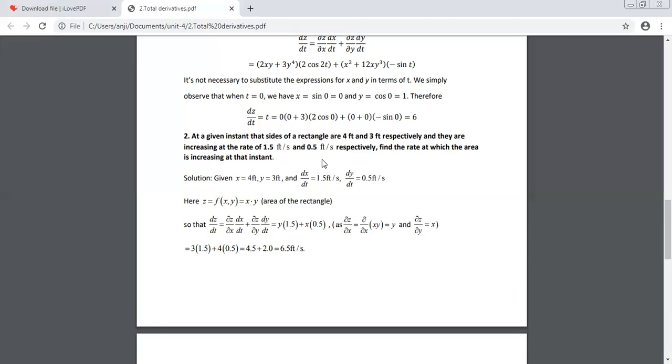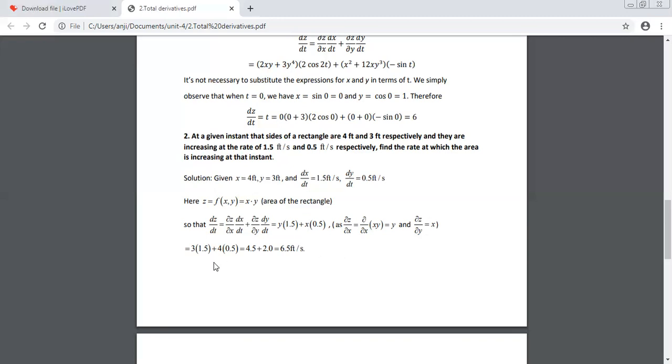Now we have to find the rate, that is dz/dt, which equals ∂z/∂x into dx/dt plus ∂z/∂y into dy/dt, that equals y into 1.5 plus x into 0.5, as ∂z/∂x equals y and ∂z/∂y equals x.